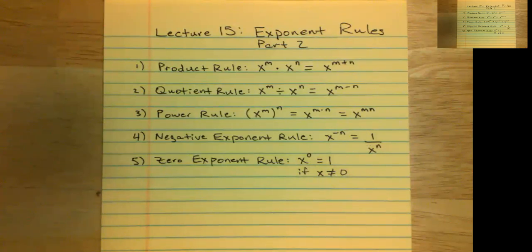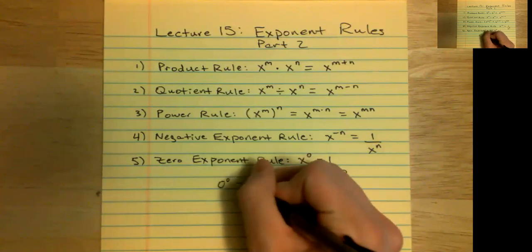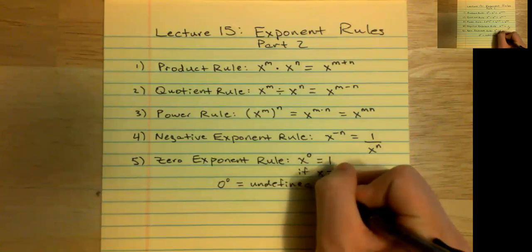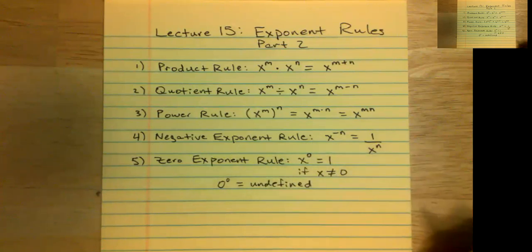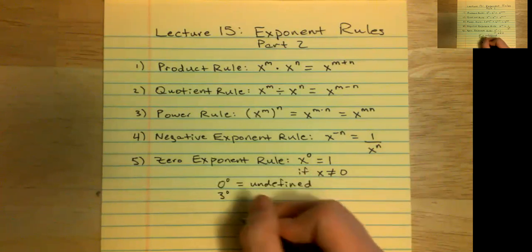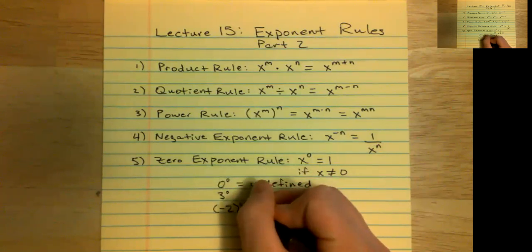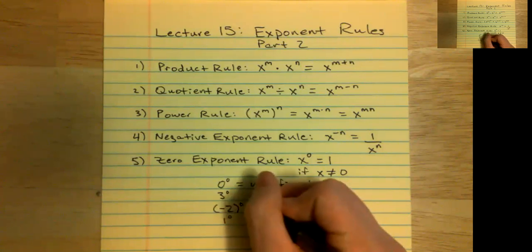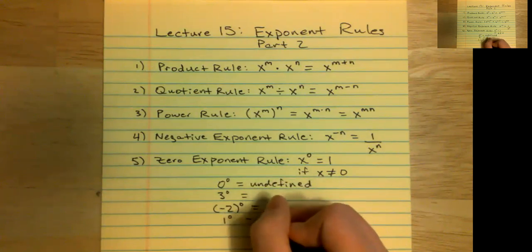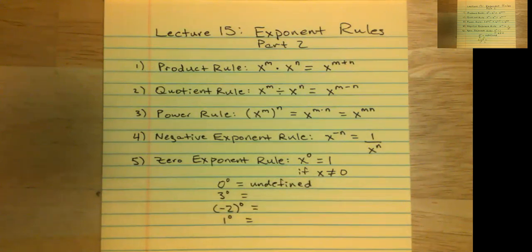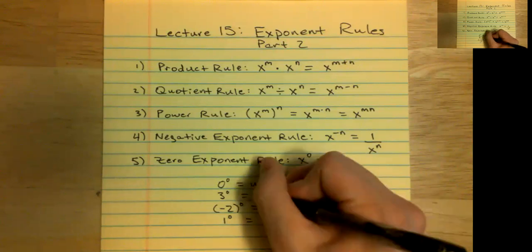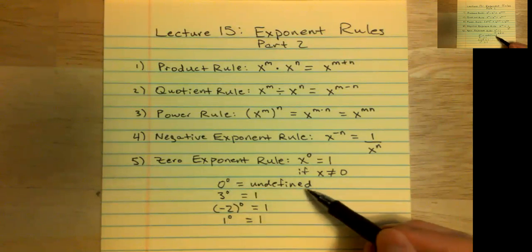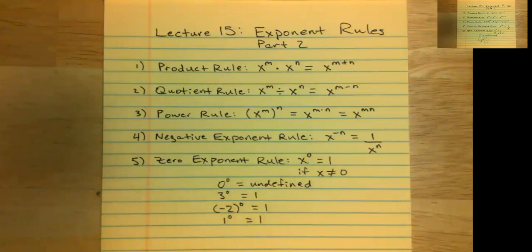Because if you have 0 to the 0 power, that is known as undefined, right? That's why you cannot let x be 0. So you could have 3 to the 0 power, you could have -2 to the 0 power, and you can even have 1 to the 0 power. But for all these, since you're raising it to the 0 power, you're always going to get 1. So these are all going to be 1s. But 0 to the 0 power, that is an undefined expression.